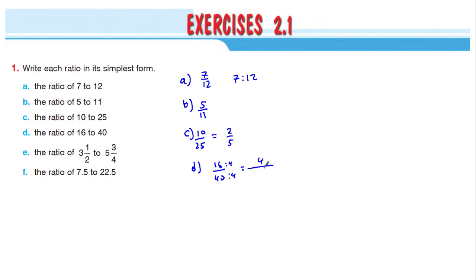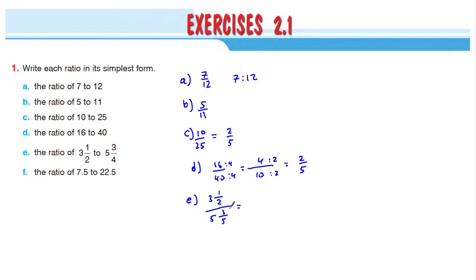Actually, we can do better than that, but for now, it's 4/10. Again, we can simplify by 2 and you get 2/5.